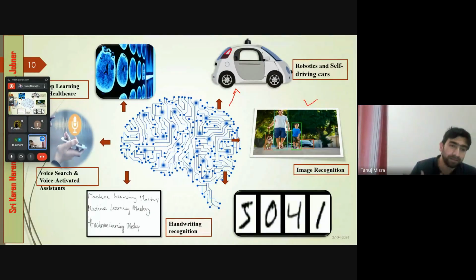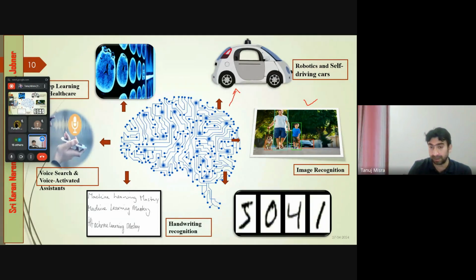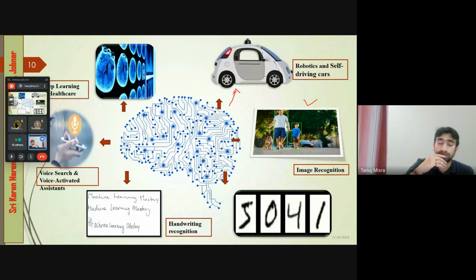So just feel, if you are from agriculture background, how and where you can apply these types of algorithms. Suppose we want to predict the yield. Suppose we want to detect the tomatoes on the crop, detect the flower, and through that we can predict the yield. Suppose we want to identify a disease through an image.